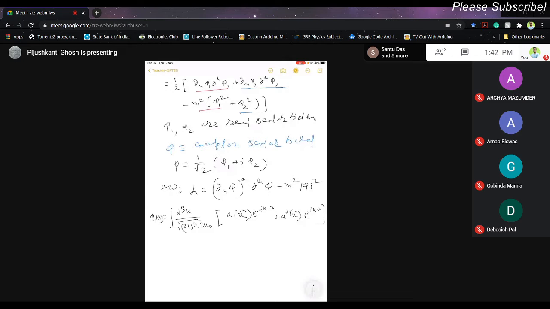So similarly for the field phi 2, I write it as 1 over root over (2 pi)^3 2k naught, b_k e to the power minus i k dot x plus b dagger k e to the power i k dot x. Okay, clear?